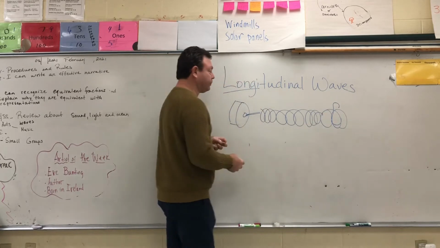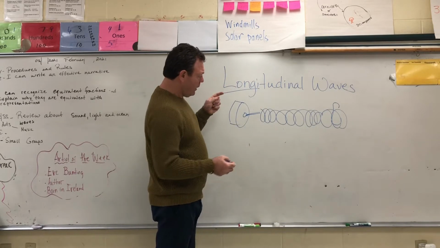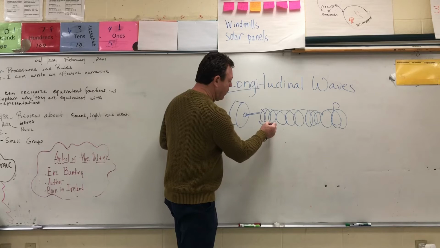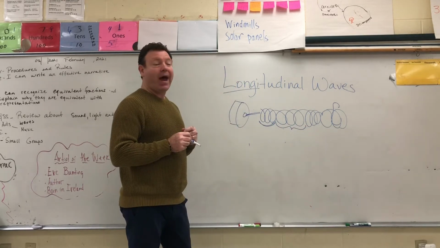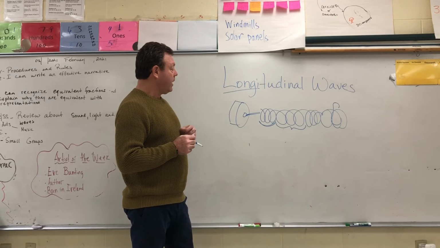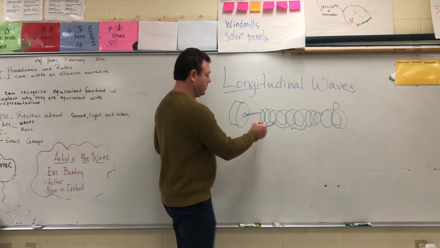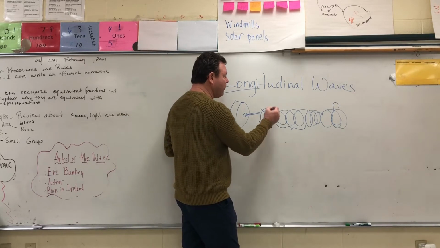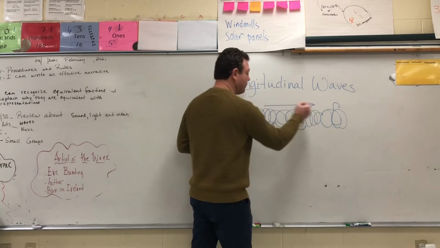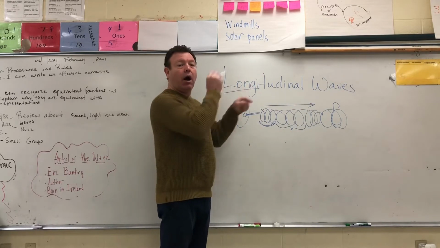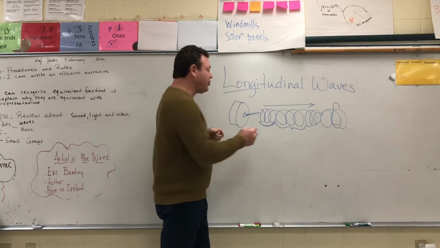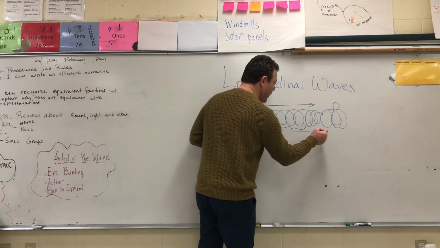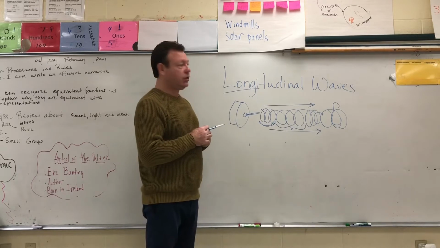So this right here is compressed, and this is rarefied. These particles are moving in this direction. The particles are being disturbed in that direction, and the sound energy is also moving in that direction.